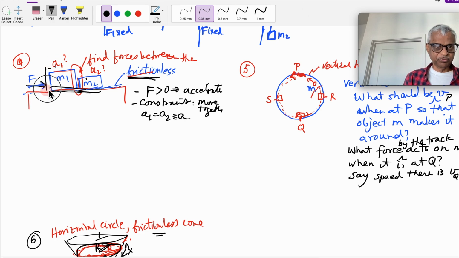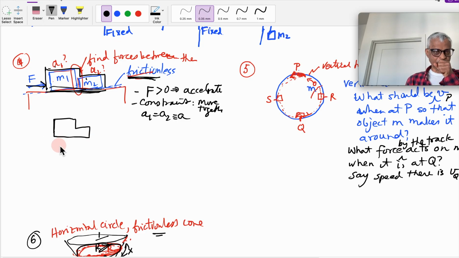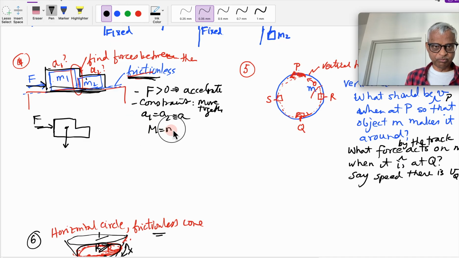Now, if you think of this whole thing as one system, the horizontal force is F, and let's call M equals M1 plus M2.